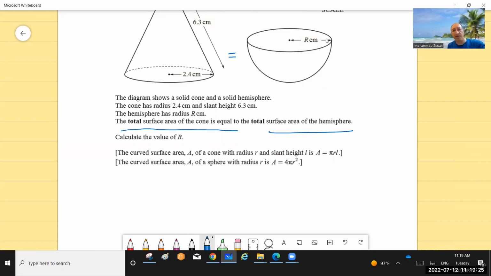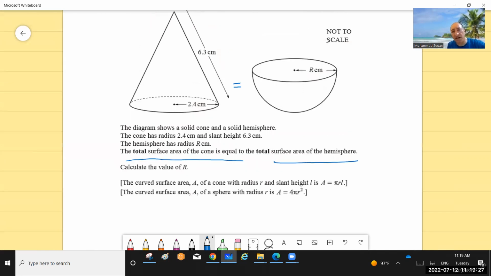The hemisphere's curved area is 2 pi r squared, plus this surface, also pi r squared because it's a circle. So the total area is 3 pi r squared, which equals the total surface area of the cone.